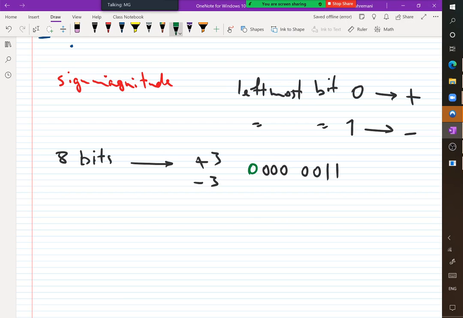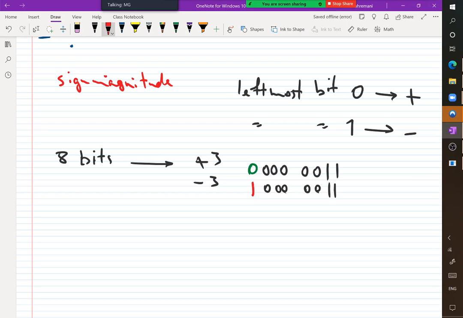We keep the leftmost bit for sign, just for sign, not for the value. So positive 3 is 0, 0, 0, 0, 0, 0, 1, 1, and negative 3 has the same magnitude, but the sign is different. Is it clear? So the first one is 3, and the second one is negative 3.